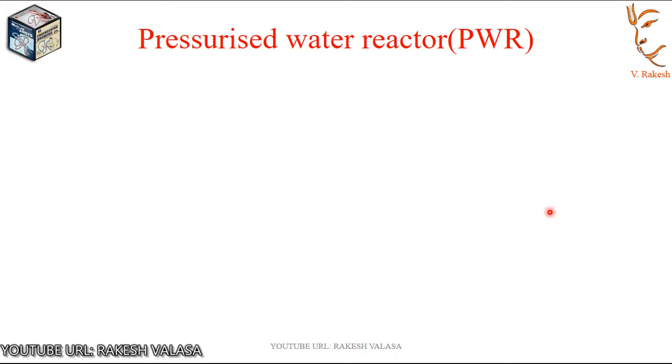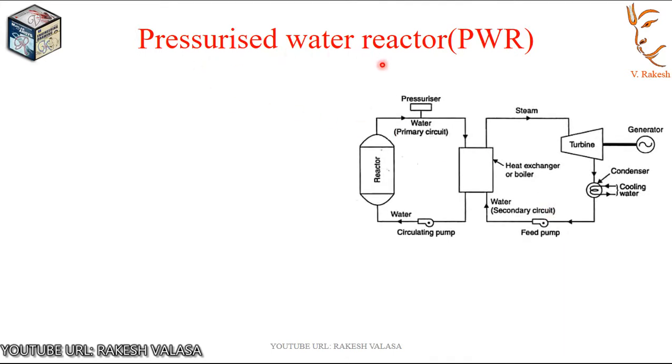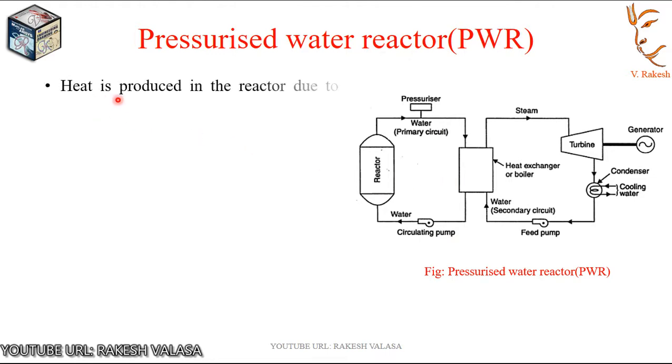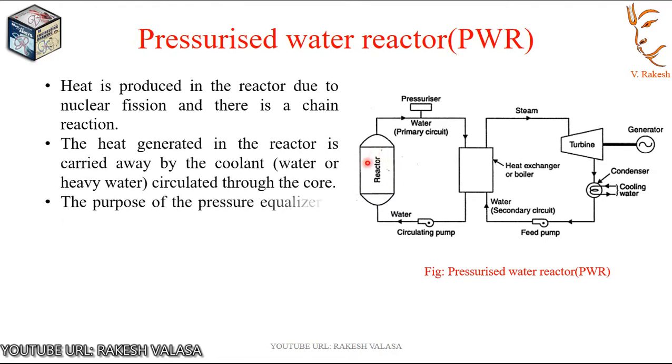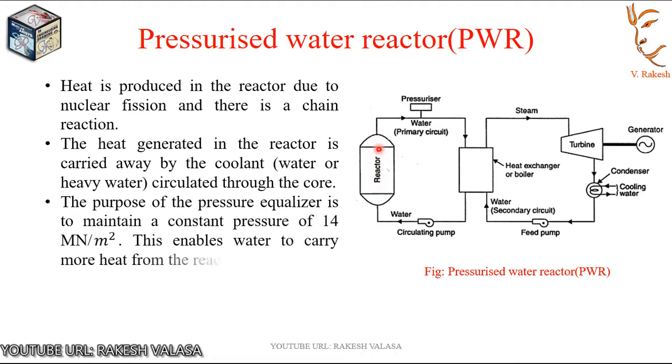Now let us see the functions of a few major components in PWR, that is pressurized water reactor. This is the 2D layout of PWR. Heat is produced in the reactor due to nuclear fission and there is a chain reaction. The heat generated in the reactor is carried away by coolant.